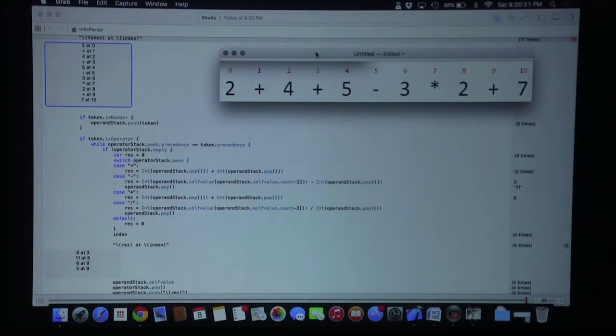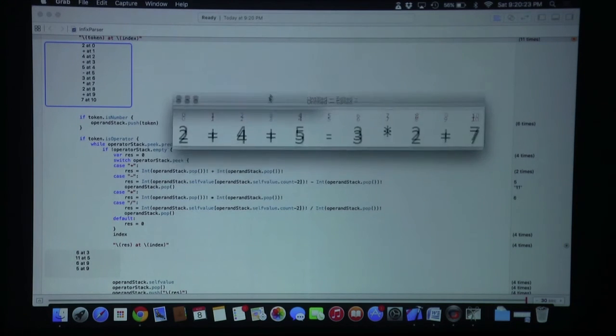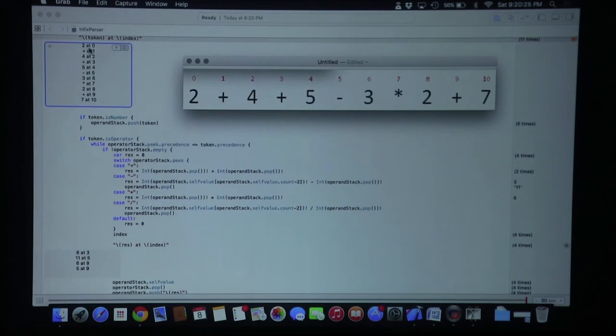So as you can see here, this is actually showing us, first of all, what characters are at what index in our array. And then second, it's showing us that basically, the third character, which is this plus, modified this 2 plus 4 to be turned into 6. And as you can see, these red numbers here are all our indexes.